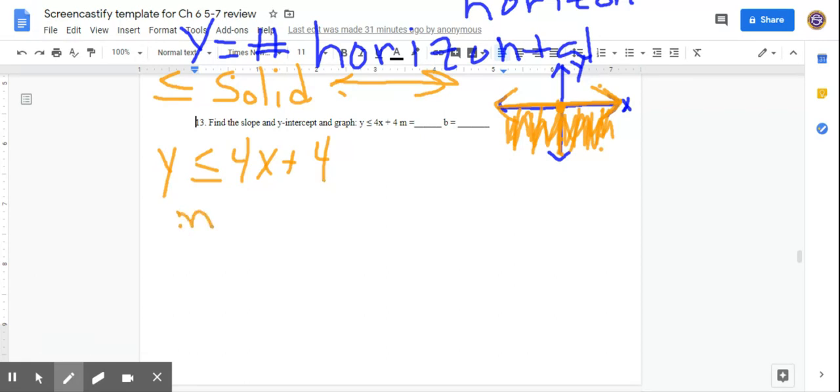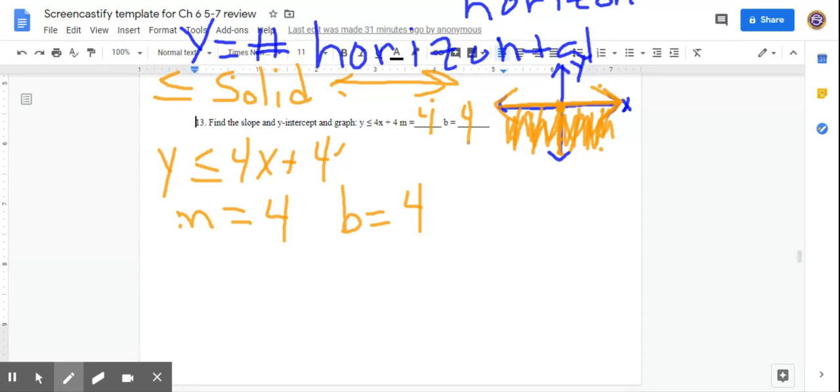We know the slope is the coefficient of x, so that's 4. And we know the y-intercept is the constant, which is right here, so that's going to be 4 also. So make sure on the test you fill those numbers in up here. Slope is 4, y-intercept is 4.